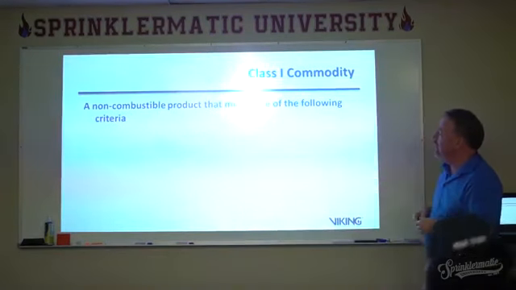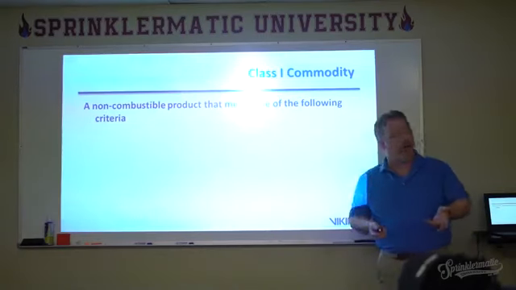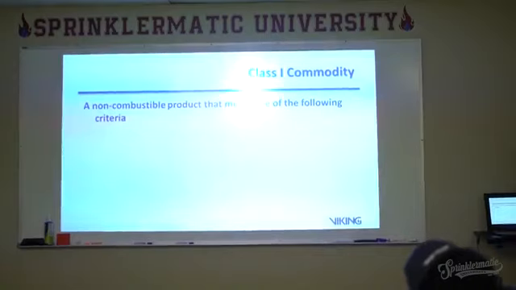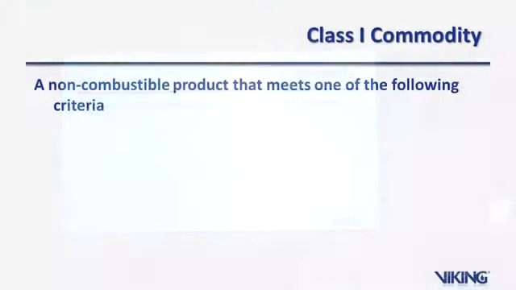So let's take a look at a class 1 commodity and see what the standard says about it. To start with, it is a non-combustible product that meets one of the following criteria.